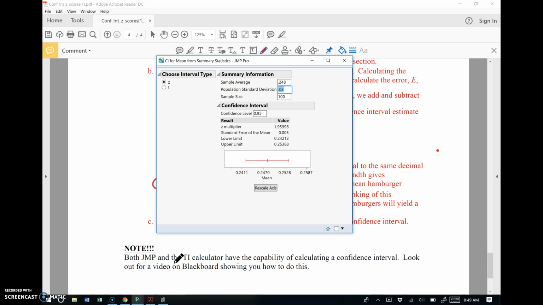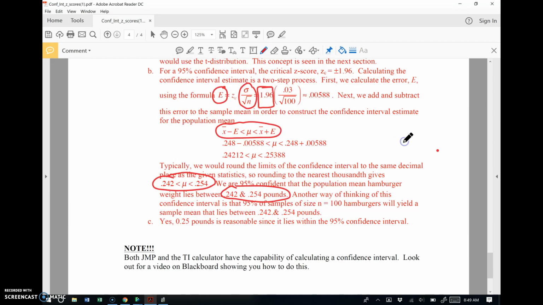All right, another interesting thing it does is give the standard error of the mean, which is 0.003. What is that? That's this other part right here of the error formula, which is called the standard error. I'm writing on a PDF, and it's kind of choppy when I write directly on a PDF.